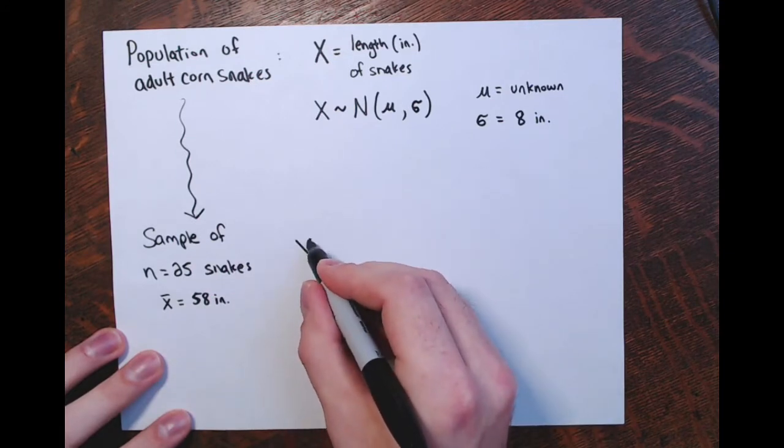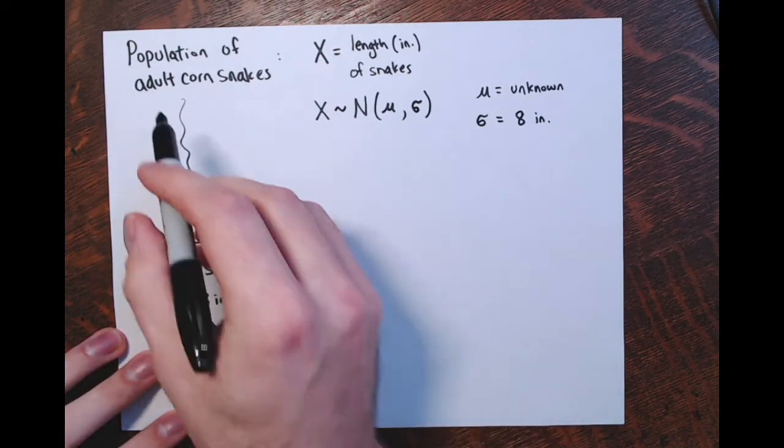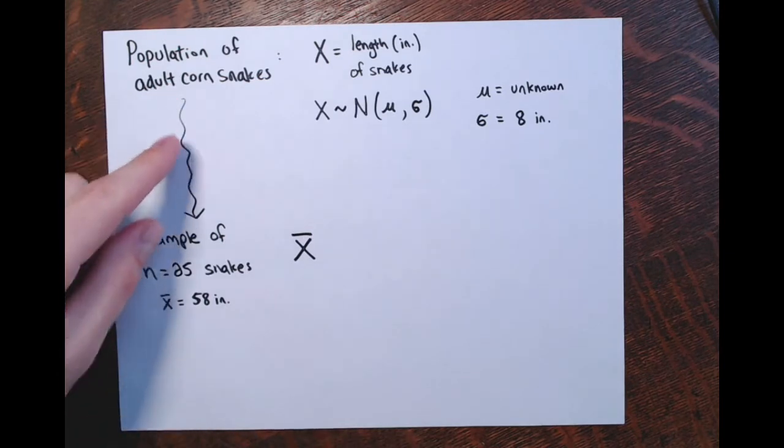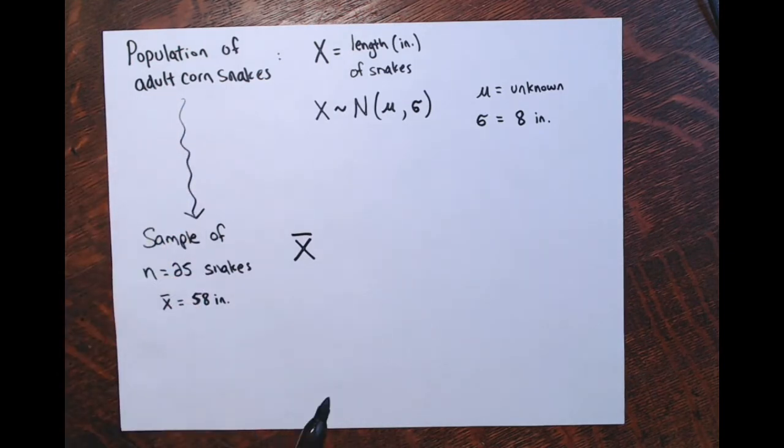So again, x bar, the variable x bar, if I did this for other samples, imagine you took all possible samples of size 25, all possible samples of 25 snakes, and looked at all the different x bars that came from that.